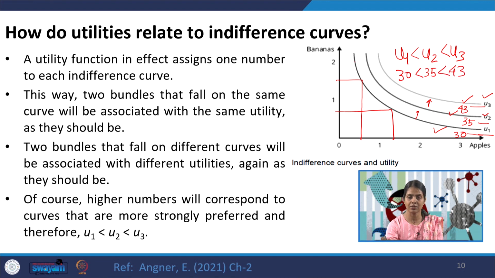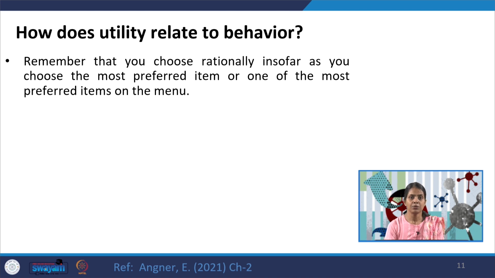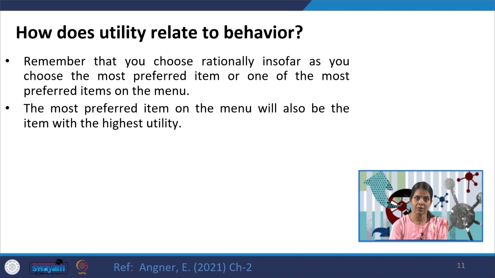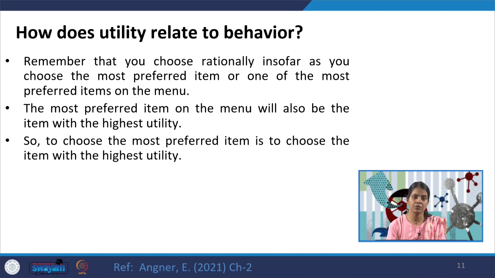Remember that you choose rationally insofar as you choose the most preferred item or one of the most preferred items on the menu. The most preferred item on the menu will also be the item with the highest utility. By now, from the discussion, it emerges very clearly: to choose the most preferred item is to choose the item with the highest utility.